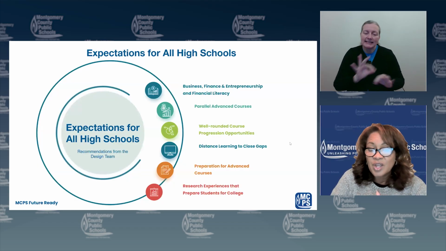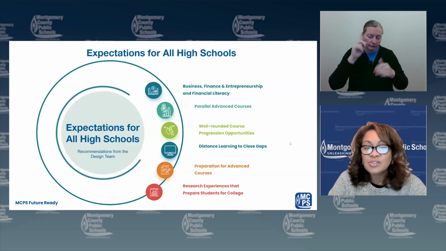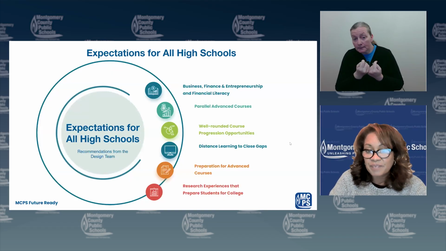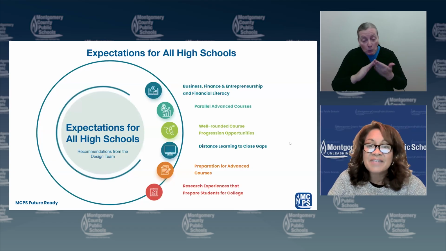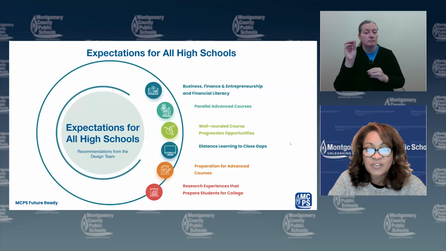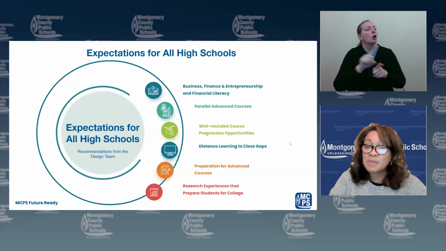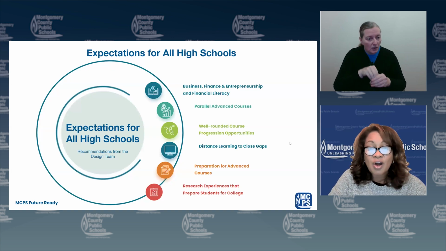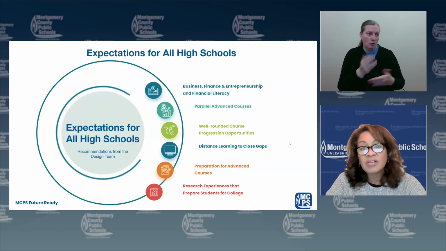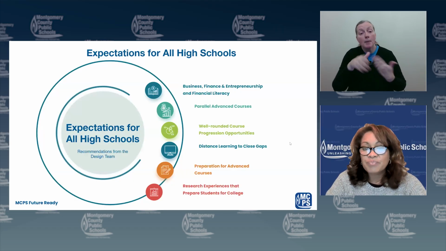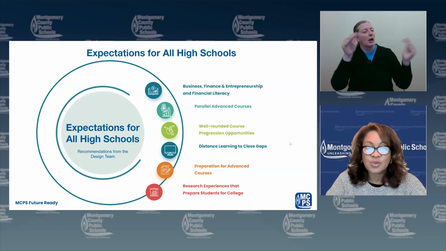Our design team, which is a combination of school staff, community and family members, and industry partners, has identified these critical components of strong instructional programming and student experiences that should be available at all of our high schools. They recommended that all schools offer parallel advanced coursework, for example, ensuring calculus is available at every school.